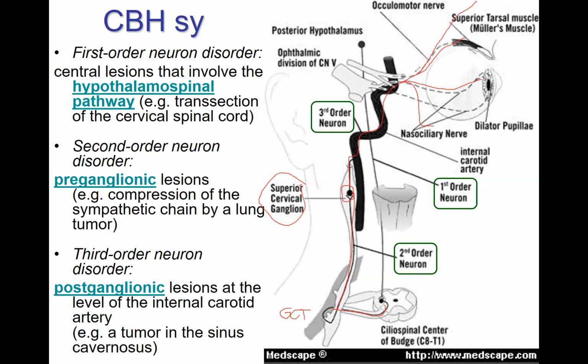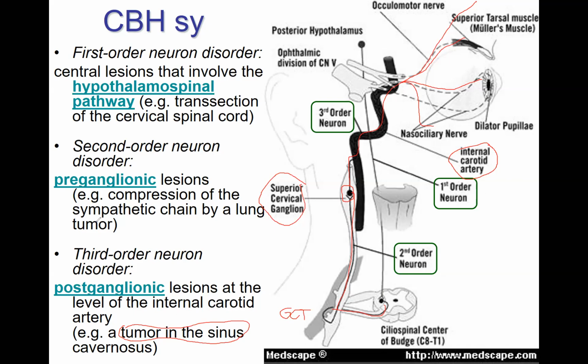So when is the problem here? In the internal carotid plexus, it can be caused, for example, by a tumor in the cavernous sinus. And we know that the internal carotid artery runs through the cavernous sinus. The problem can be also here in the cervical sympathetic system.